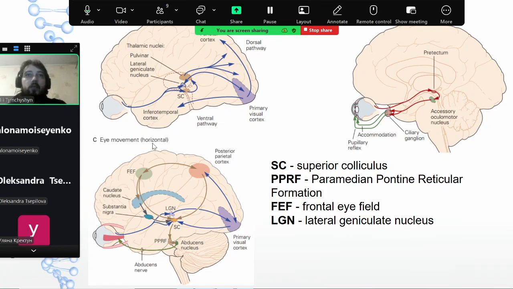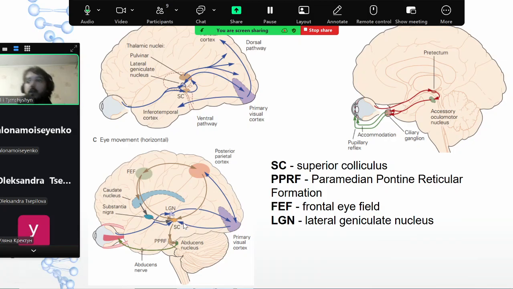Here you see an example of a horizontal eye movement. Vertical eye movement has certain subtleties, but let's check this one. Here you see a somewhat more complicated pathway, with structures involved in conscious visual processing, like the LGN, the lateral geniculate nucleus. Information goes to the lateral geniculate nucleus, and part of the information can go to the so-called superior colliculus.